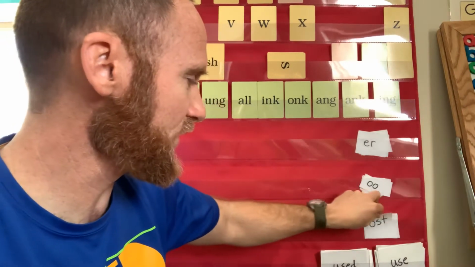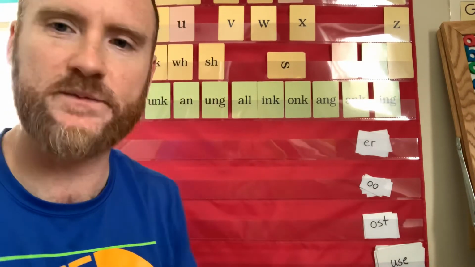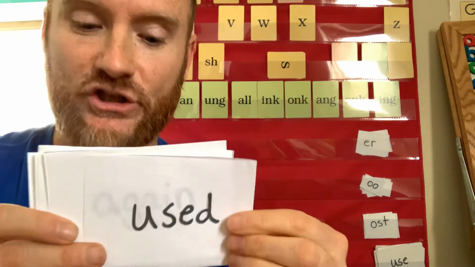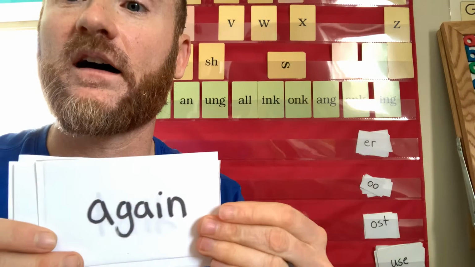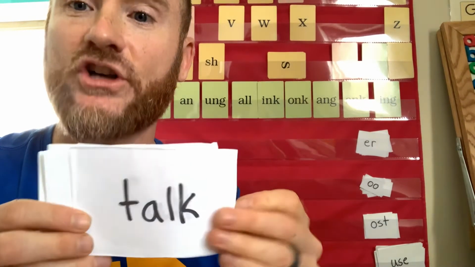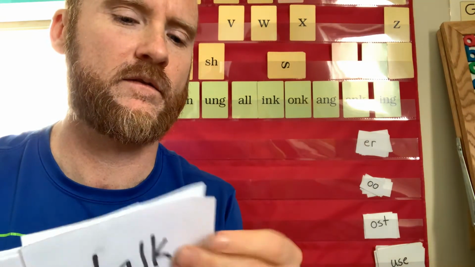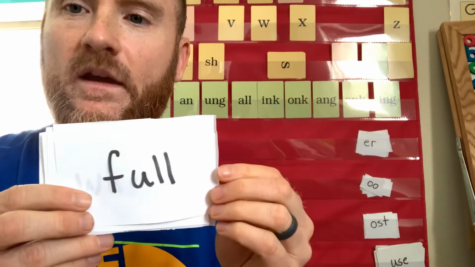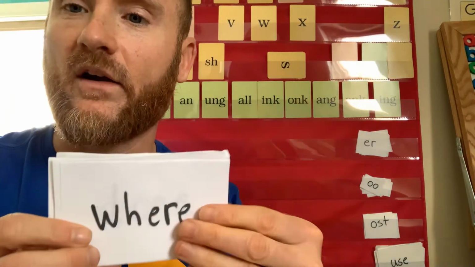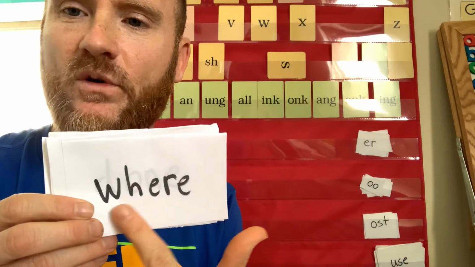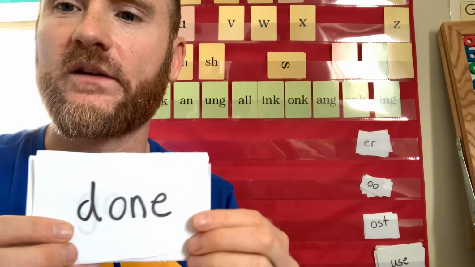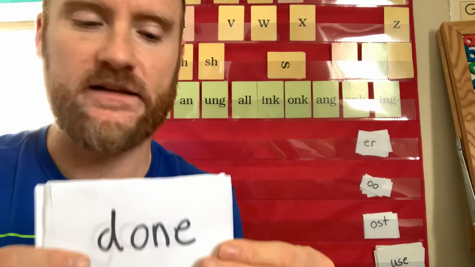Okay, we're just going to review a few trick words. I'm not going to do as many as I did last week. Just see if you can read them quickly. Used. Again. See if you can do it before I do. Talk. Full. Where. Remember those question words almost always have that digraph at the beginning. Where, why. What's this one? Done.